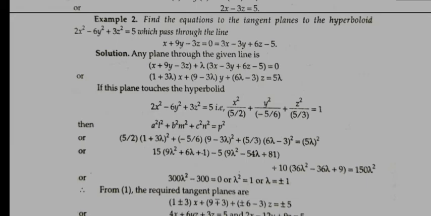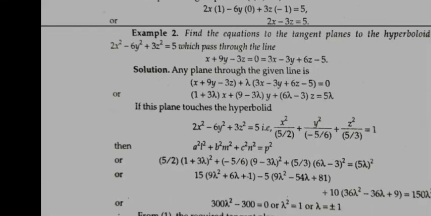Now the solution. Suppose that two planes are given, and both are parallel to each other. So we can write it in this form: x plus 9y minus 3z plus lambda times of 3x minus 3y plus 6z plus 5 is equal to 0.